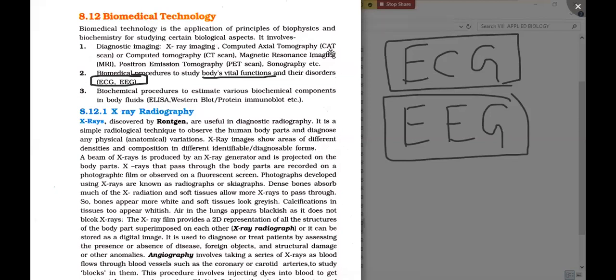Electroencephalogram for brain, electrocardiogram for heart. Then the biochemical procedures to estimate various biochemical components in body fluids, that is ELISA, Western blot, and protein immunoblot. These are the techniques here.